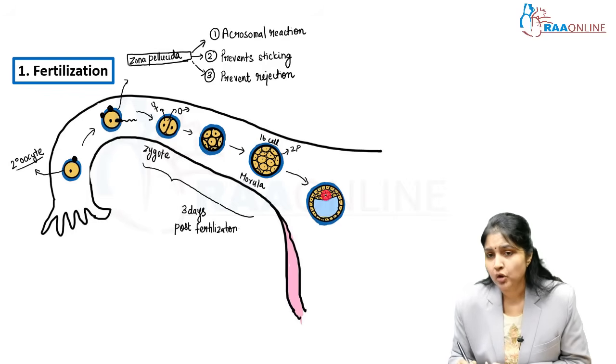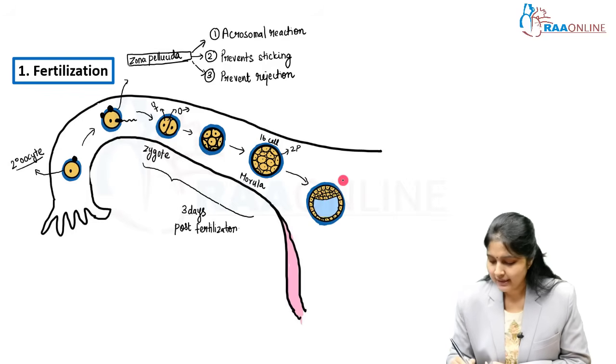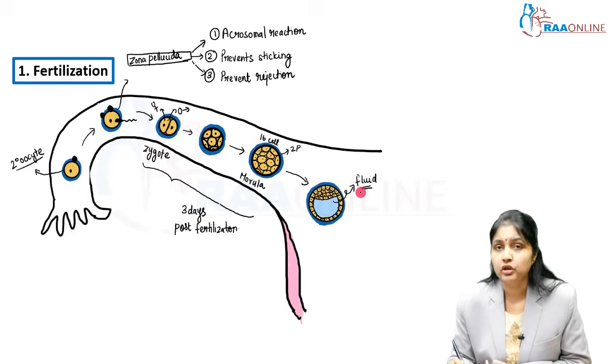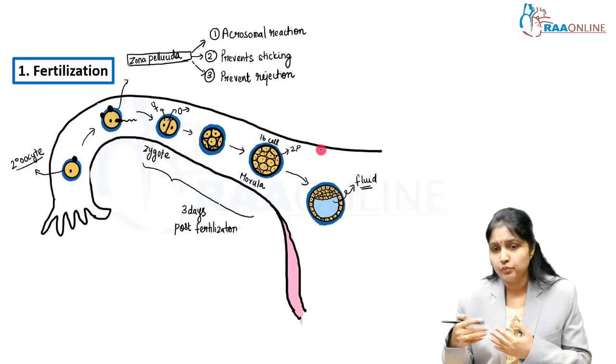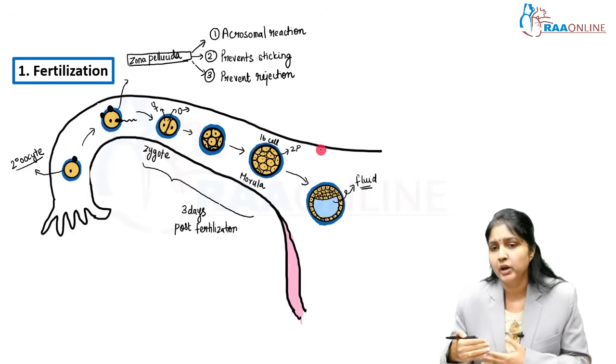And can you see a small change or a difference in structure of the morula? You can see that there is some amount of fluid that has accumulated inside the morula, which has divided or pushed the inner cells into one corner.